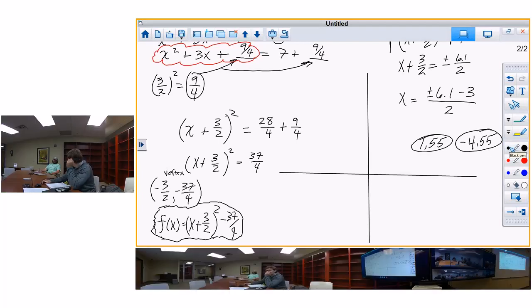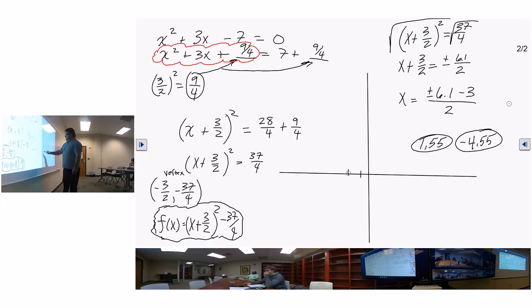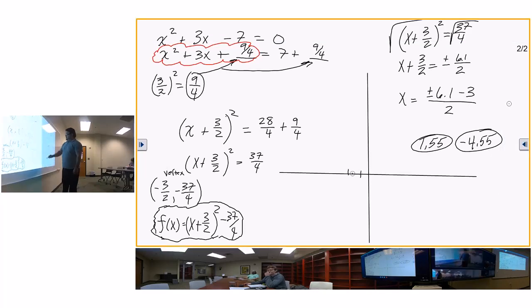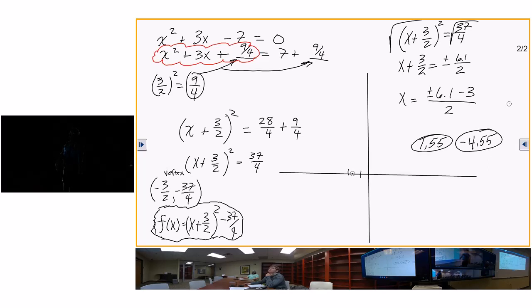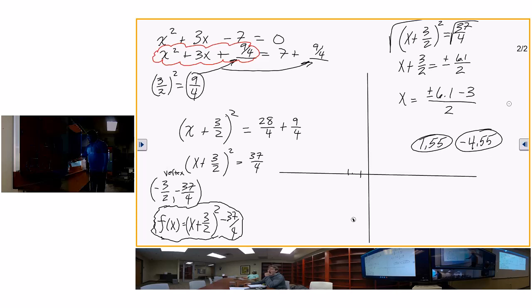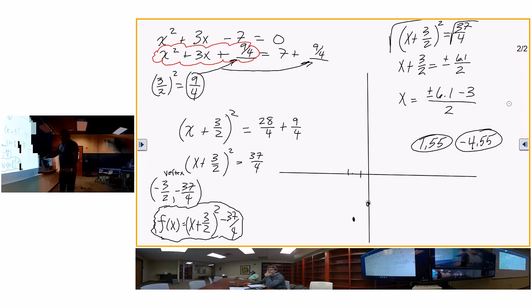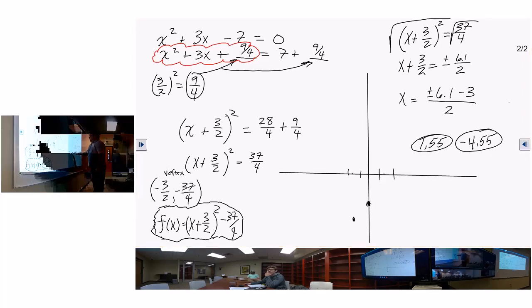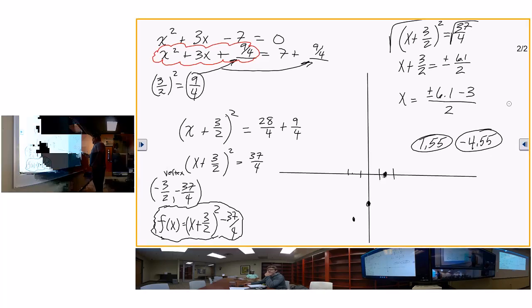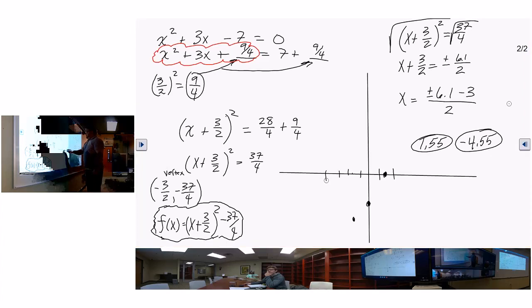So negative 3 halves and negative 4 will go into 37 9 times. 9 1/4. Negative 9 1/4 is down here. My y-intercept is negative 7. 1.55 and negative 4.55.